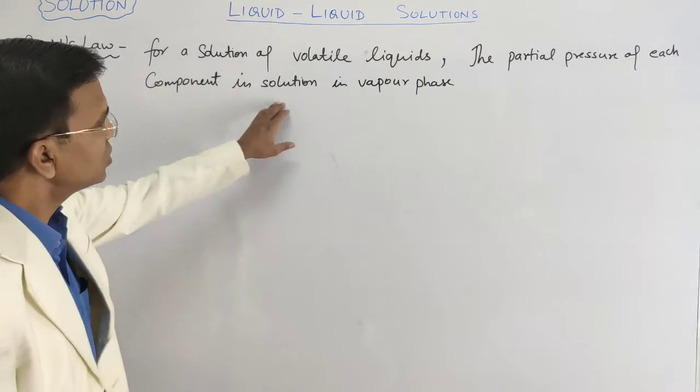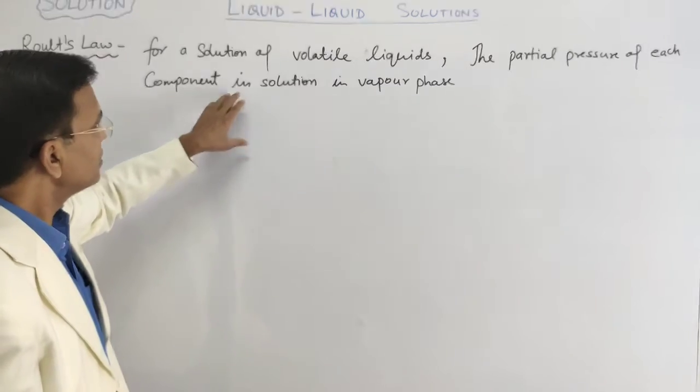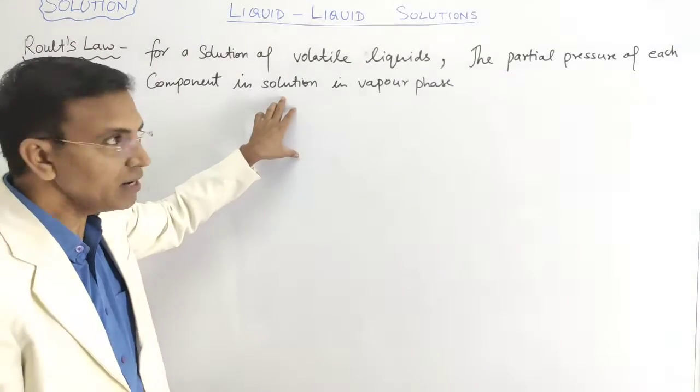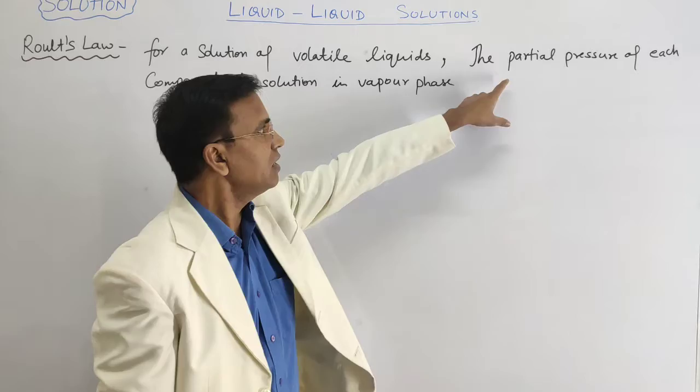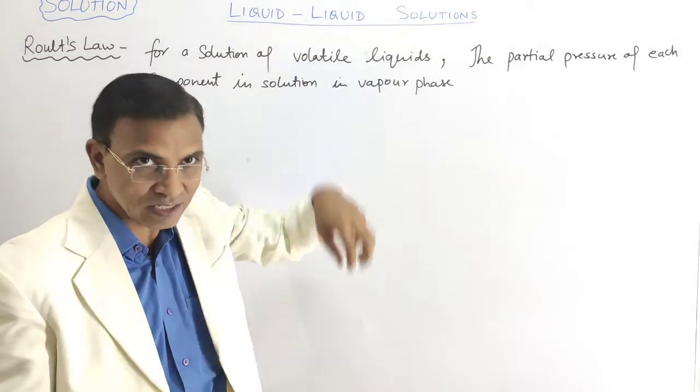Why is this written as in solution in vapor phase? Because the components are in solution, right, and the partial pressures are in vapor phase because gas exerts the pressure.